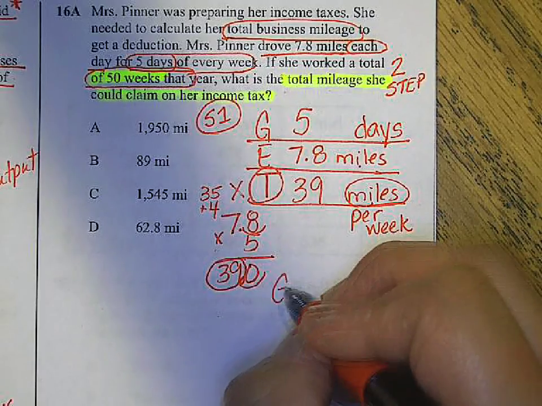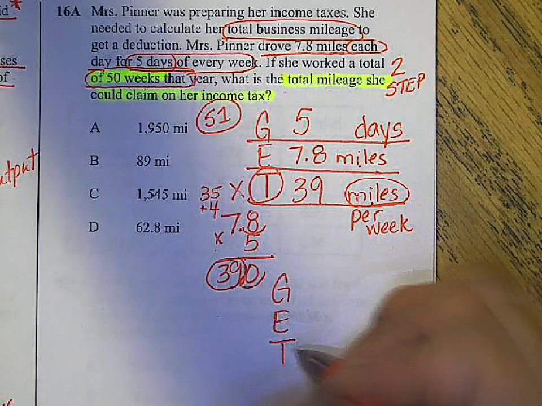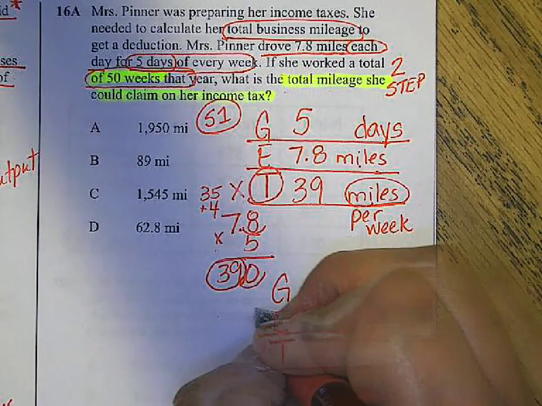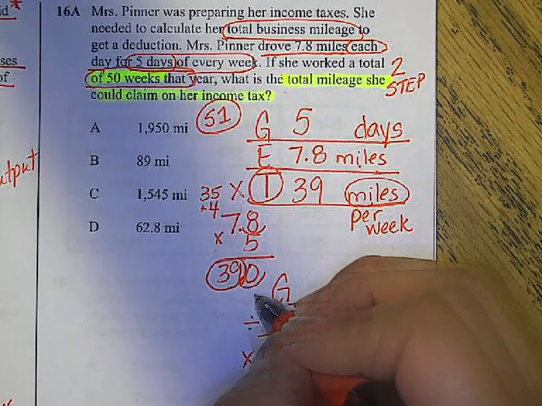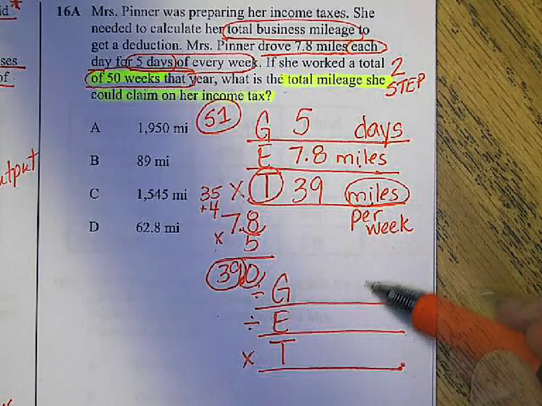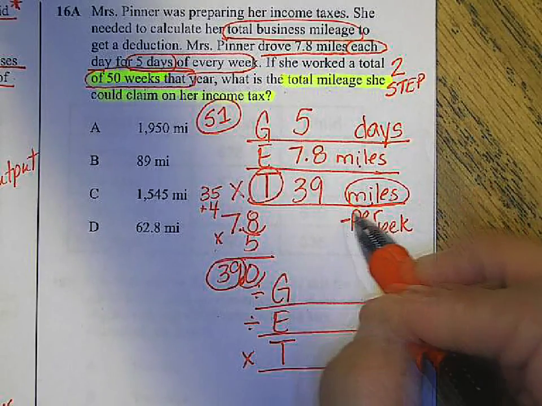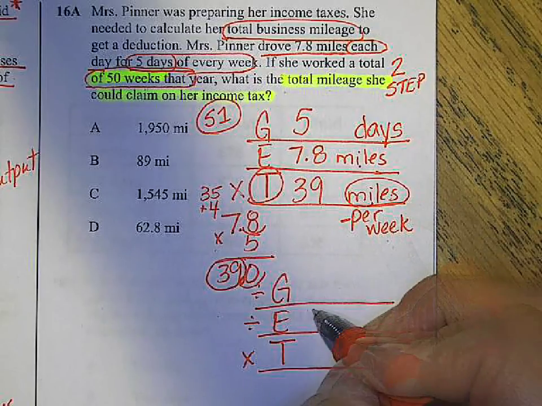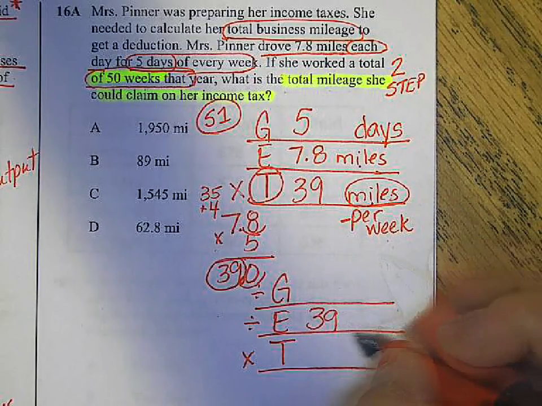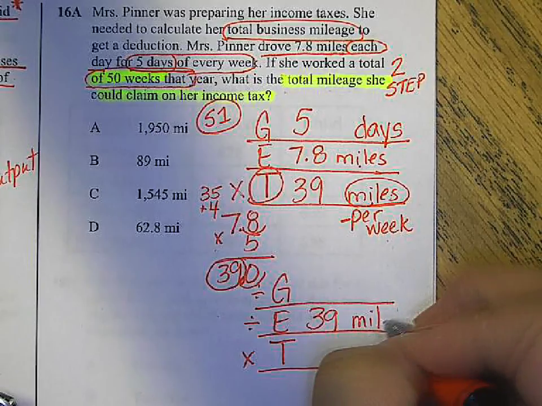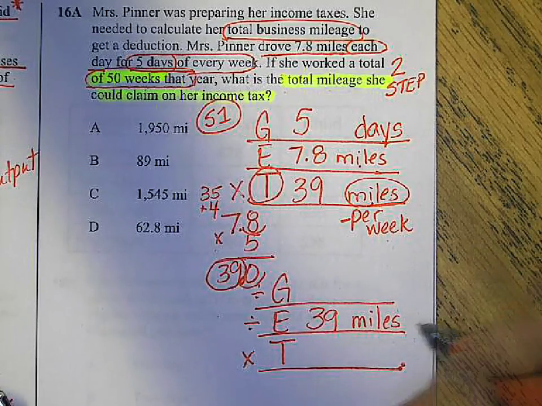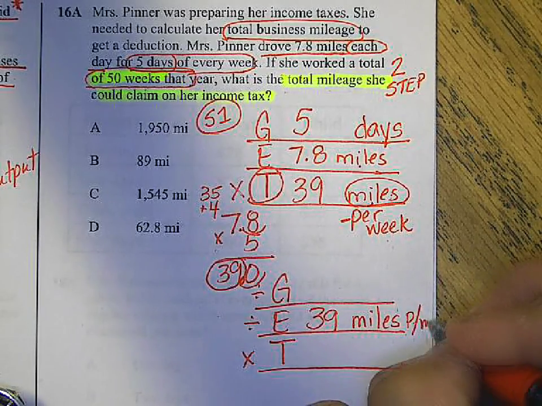So now I'm going to do another get. And I'm going to ask myself, this 39 miles per week, what does the word per mean? Each. So that goes what? 39 miles, right? And this is per week.